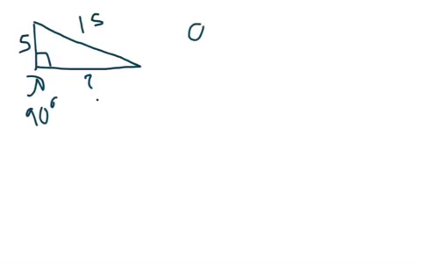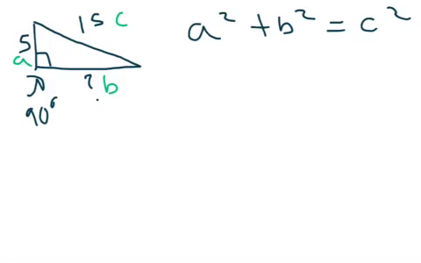Remember, a squared plus b squared equals c squared. Here's our a, our b, and our c, and so we will fill in what we know. We know a is 5, so 5 squared. We don't know what our b is. We know our c is 15.